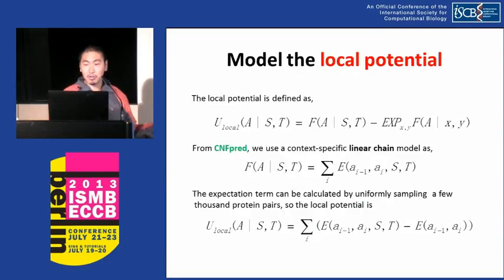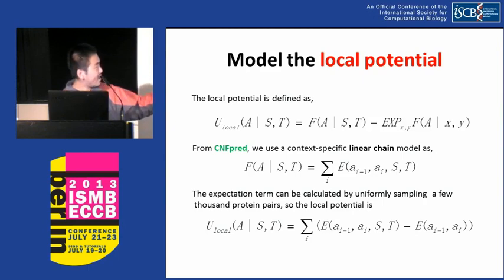Let's first model the local potentials here. From previous results, the local potential is defined as the f minus the expected terms. And we use a context-specific linear chain model as follows, which is the same as talked about previously.